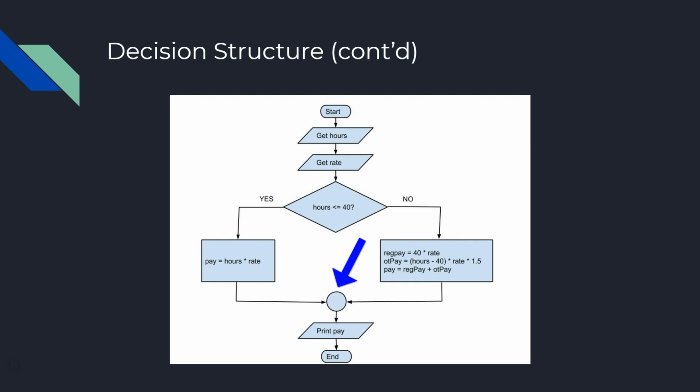So instead of having all those many lines, you would just join them together by having all those lines point to that circle, and then there's only one line out from that circle down to the print pay. It's just easier for us to see, basically. I mean, it's not wrong to point 2 lines to the print pay. So think of that circle as just like a wire or something. You could just bundle a bunch of cables together into one. Same idea. And then after you print pay, the arrow flows out to the end, and that's the end of that program.